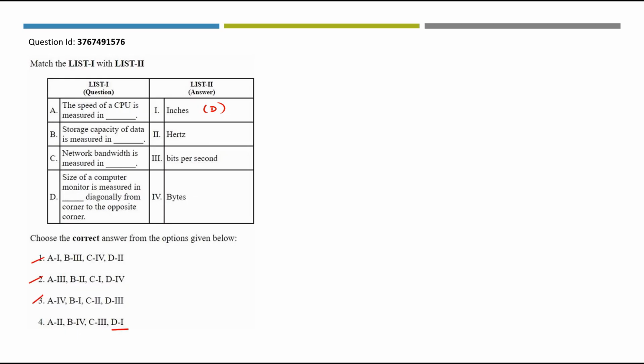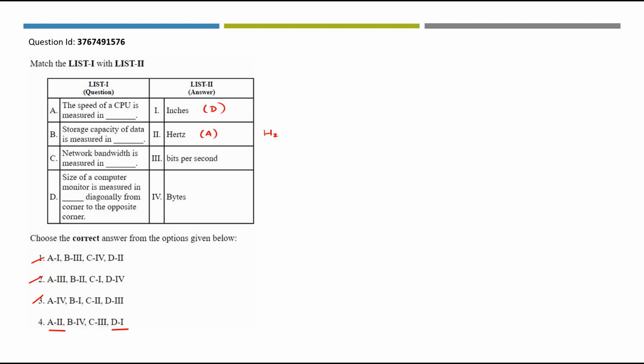Next, we will get into A. The speed of a CPU is measured in. Again, when you get into any specification of a computer, the speed of a CPU will be mentioned in Hz units. Hz is nothing but hertz. A will be mapping to 2. Storage capacity of data is measured in. Whenever you want to buy some hard disk, you will always say I want this much GB of storage or this much TB of storage.